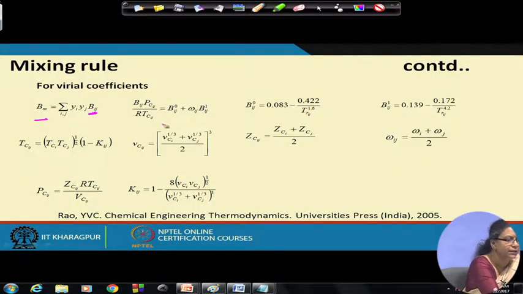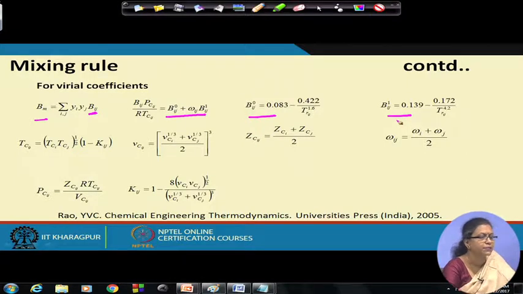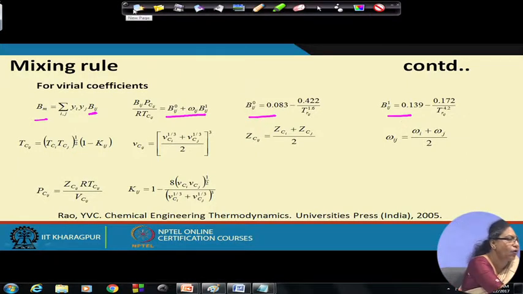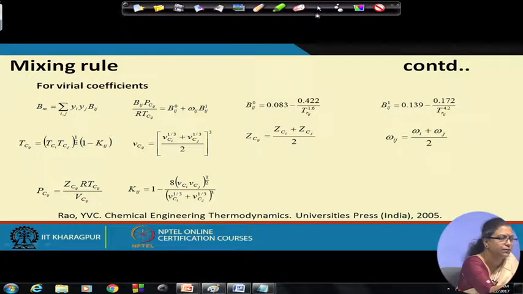So, B ij, taking the 3 parameter law of corresponding states, is expressed in this particular term, where B ij 0 and B ij 1 are expressed as shown here. But again you must remember that all these equations are empirical in nature, right.